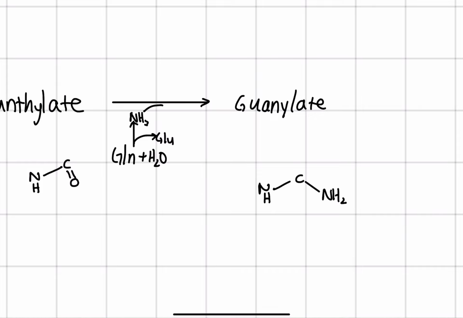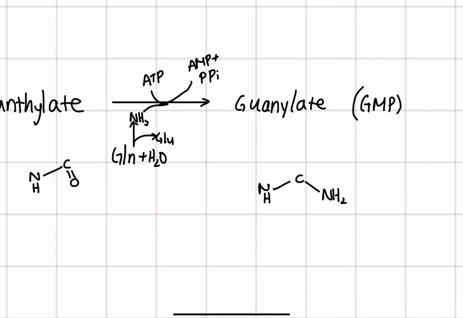We're going to use, what do we use? ATP. But this time, products AMP and PPi. You form guanylate monophosphate. Easy peasy, right?